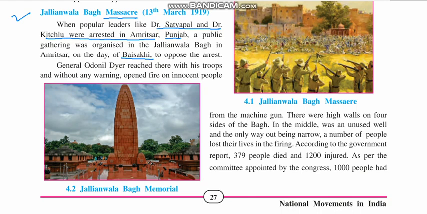General Dyer reached there with his troops. Now we need to understand that the Britishers had implemented the Rowlatt Act, and under that they had implemented Section 144. 144 is curfew, so people cannot gather, but still people had gathered in this particular place.